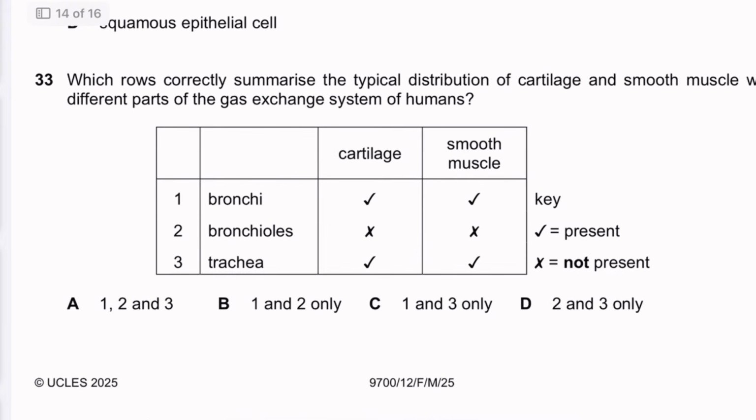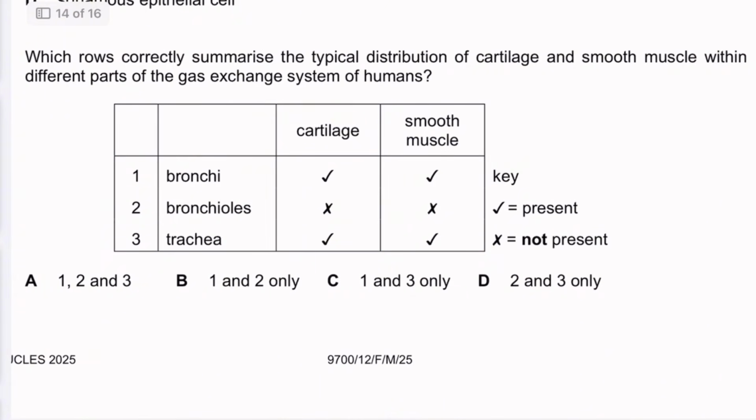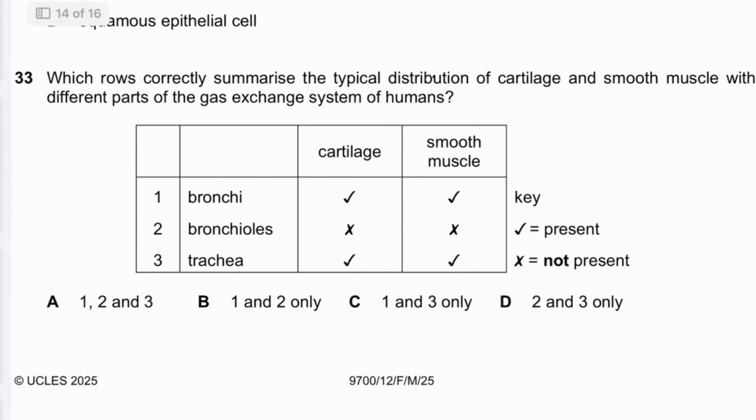Okay, which row correctly summarizes the typical distribution of cartilage and smooth muscle within different parts of the gas exchange system of humans? Okay. So cartilage and bronchi, bronchioles, trachea. So cartilage is found in bronchi and in trachea, but definitely not in bronchioles. Okay, so they're asking which rows correctly summarize the typical distribution.